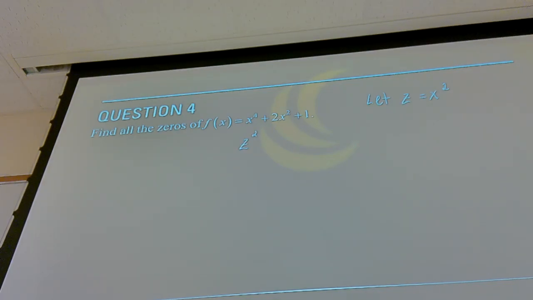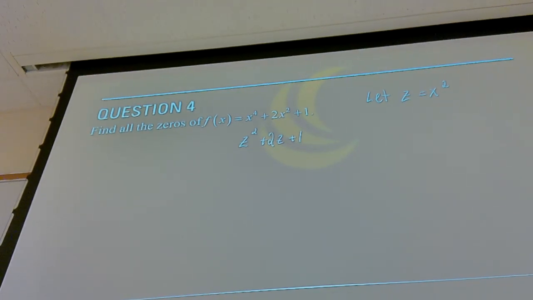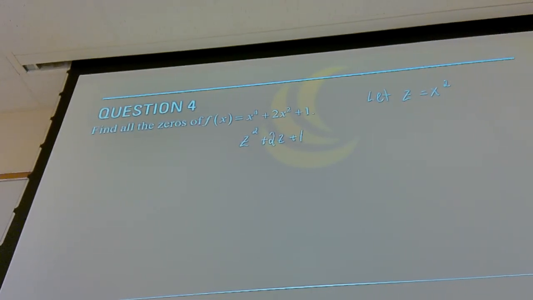Z to the 2. You're right, z squared. What kind of polynomial is that? Isn't that quadratic? This function's in quadratic form.